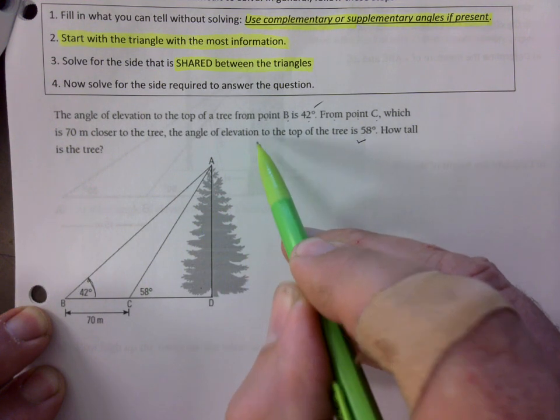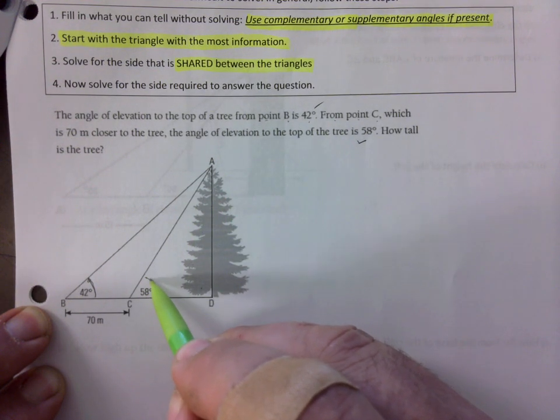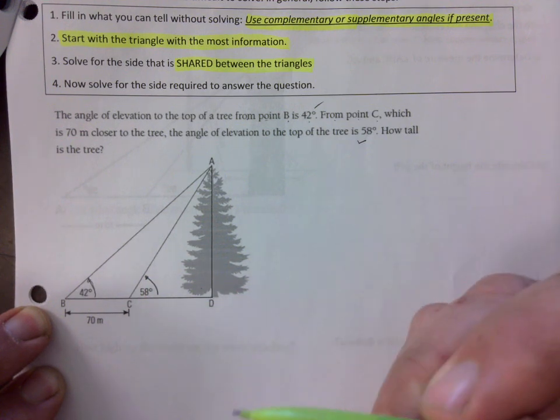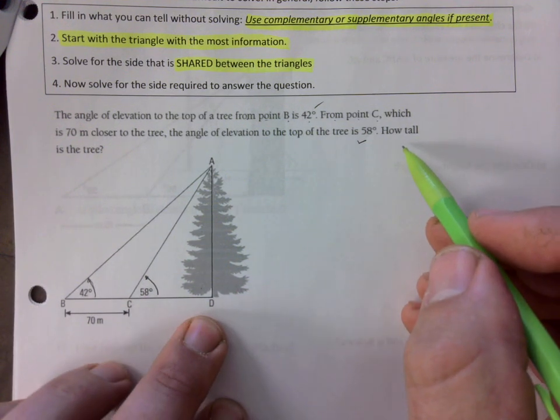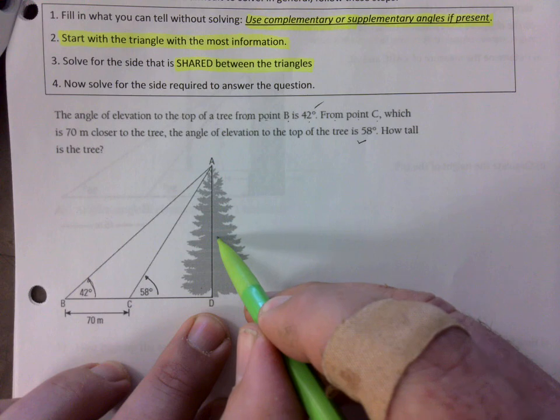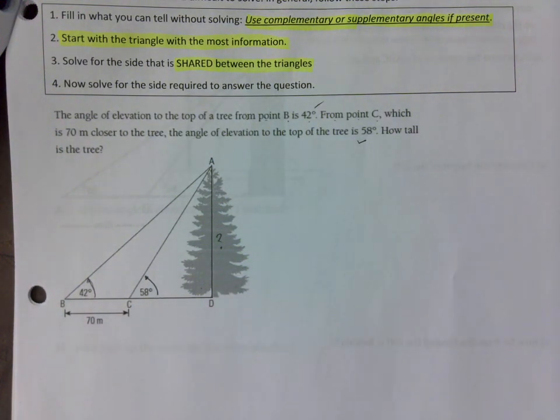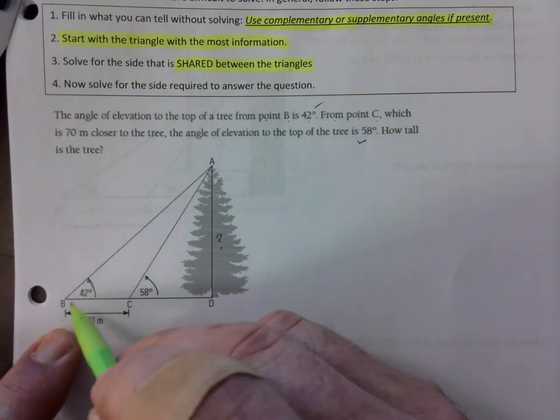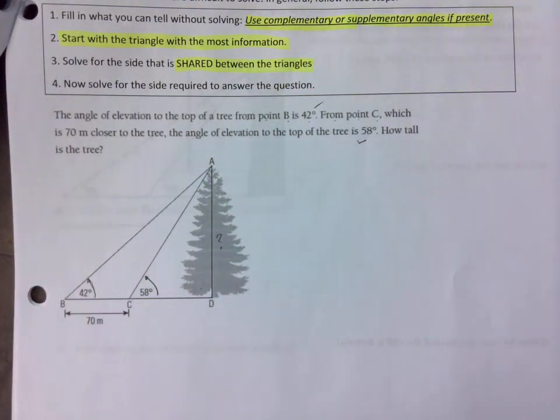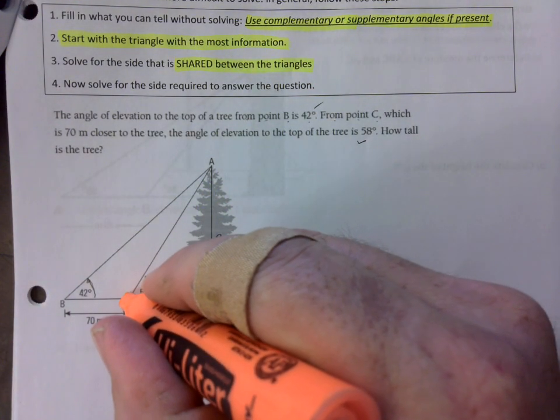We got that too. How tall is the tree? We're trying to figure out the height of this. This is our ultimate goal. We want to know that. So I would argue we should start with this triangle here.